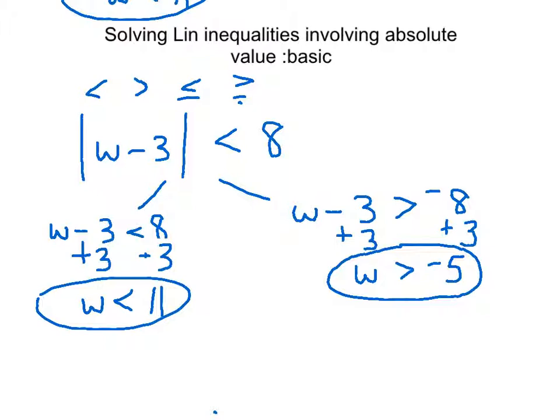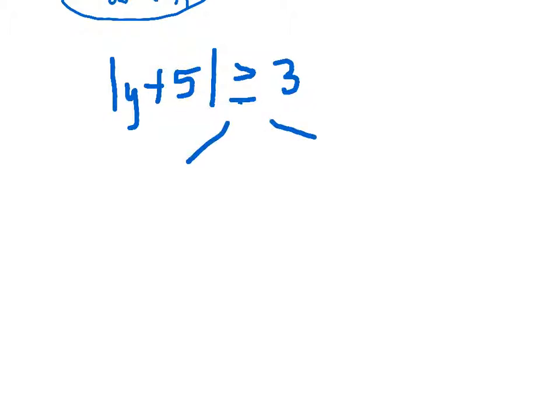And let's try another sample of this. Alright, our next example will be, let's see, how about the absolute value of y plus 5 is greater than or equal to 3. Again, the absolute value is solved. It's all by itself on one side, so we don't have anything to do as our first step. Second step is we break it out into the two inequalities.